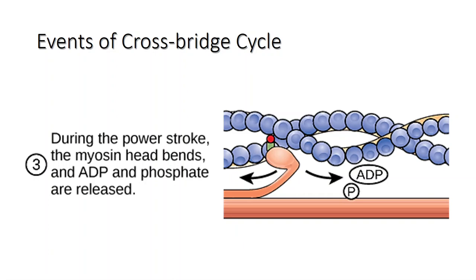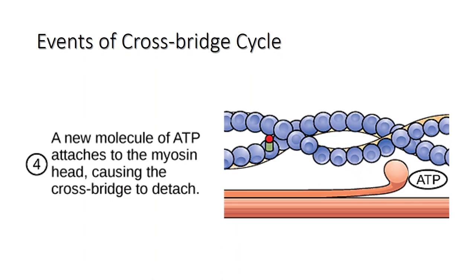In the absence of ATP, the myosin head will not detach from actin. This stage is sometimes called the rigor stage. ATP binding causes the myosin head to detach from the actin.